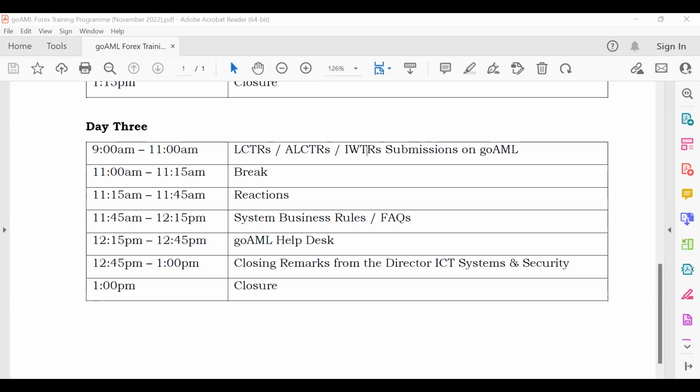Now, if I can just take you back, you don't need to go here. This will be handled by your providers, but this bit you see, XML, is where you'll be handling the files that are downloaded from your respective systems, designed by your system providers, and then uploading onto the goAML system.